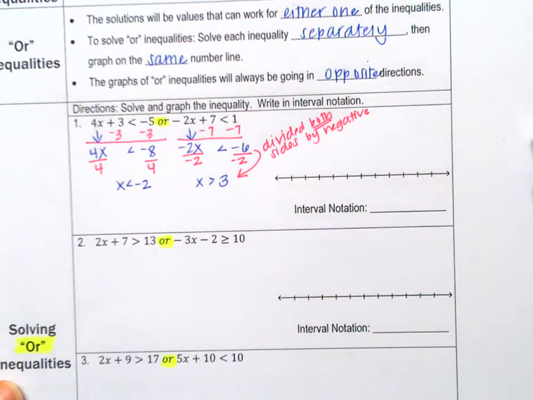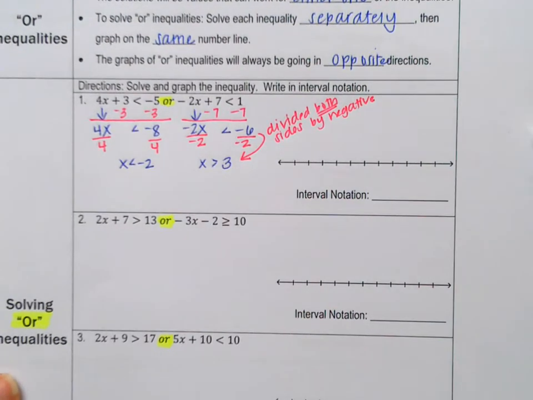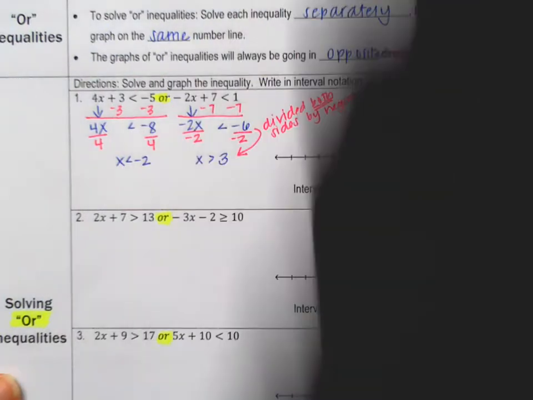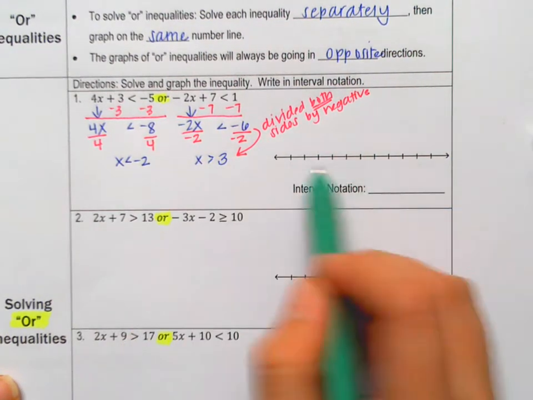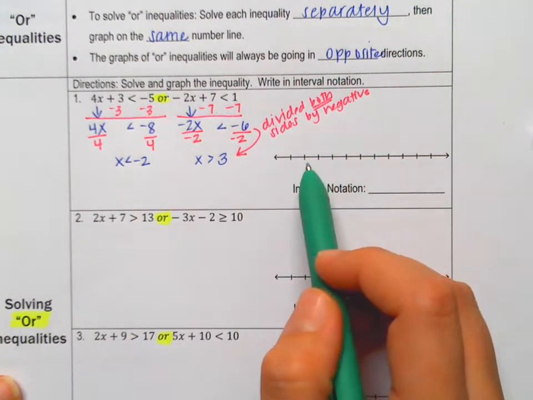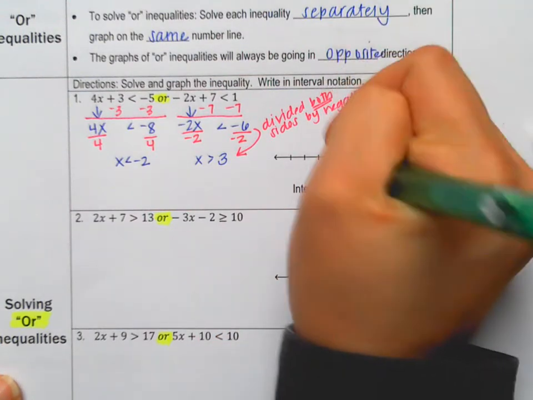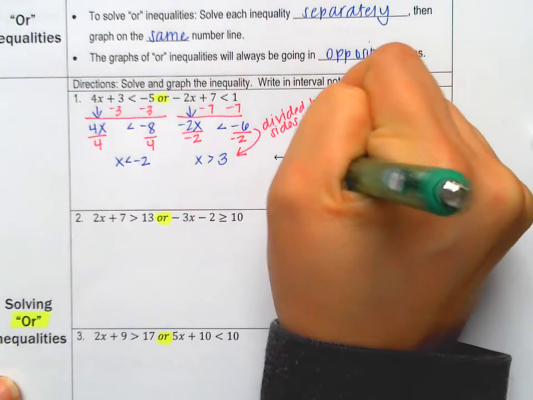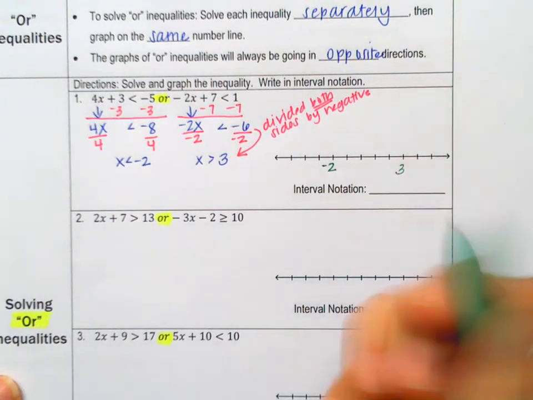Okay, so then let's graph that. I always like to graph it before I write it in interval notation. We're just going to use this number line. You don't have to be exact. I like the tick marks. You don't have to go -2 and then count to 3. So we're going to put -2 here, and then 3 here.